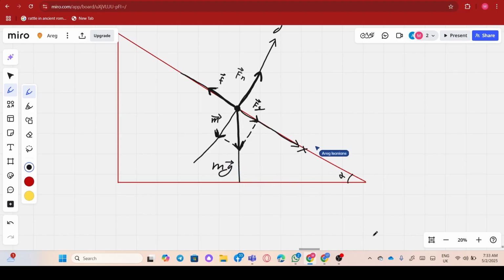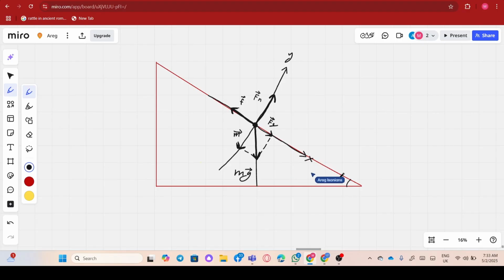So if we look at this triangle here, the yellow triangle, we're trying to find a couple different angles.